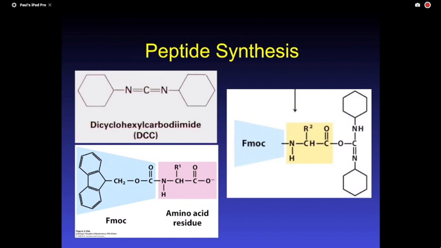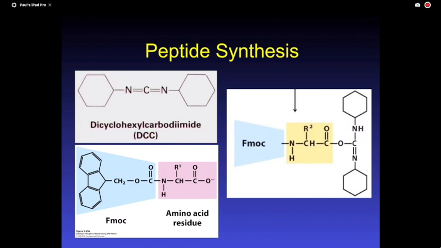So what we've done is add a leaving group to the C-terminus. This is activating it, meaning that I have made this carbon, the carbonyl carbon, this one right here, active. So if something attacks it, this will leave very well.